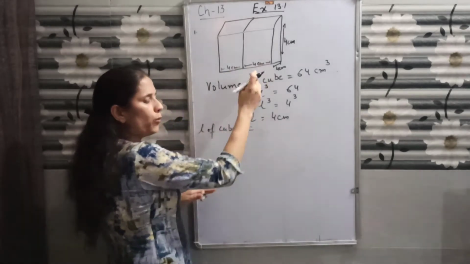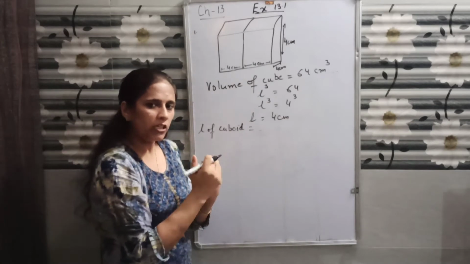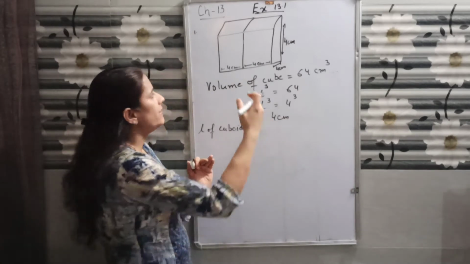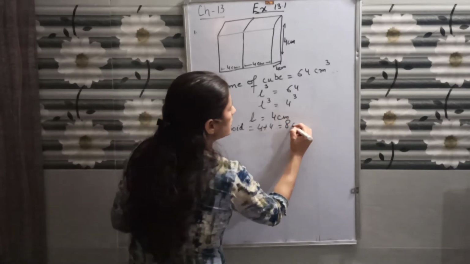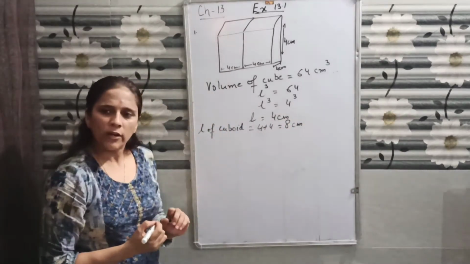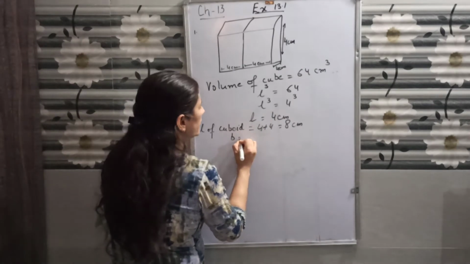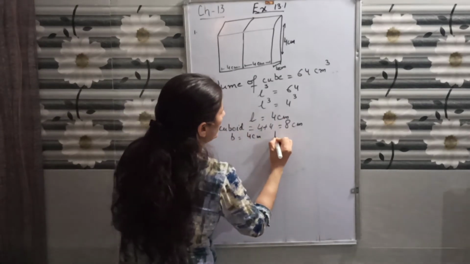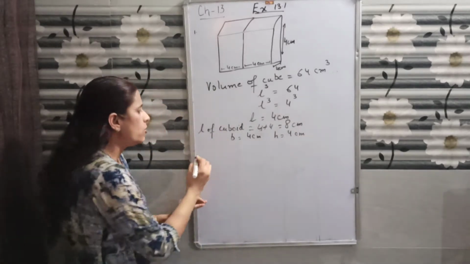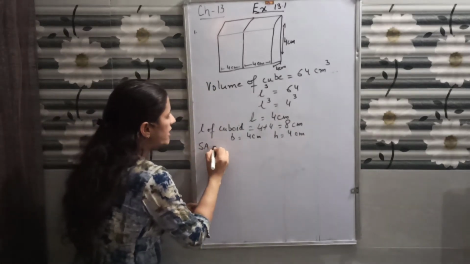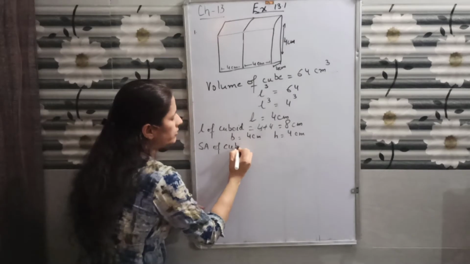When two cubes are joined together, the length will be extended, so it will be 4 plus 4, that is 8 centimeter. The breadth will remain the same, that is 4 centimeter only, and the height will remain the same, that is 4 centimeter only.